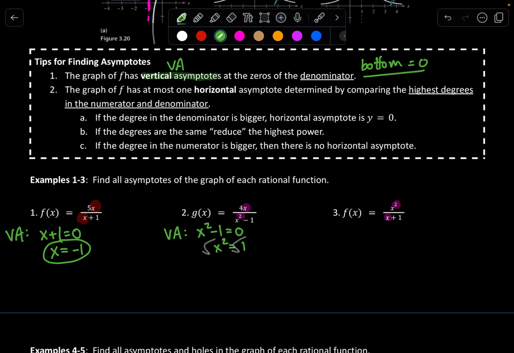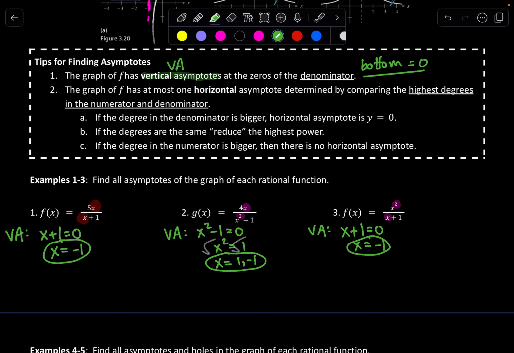Just be careful, remember that you get 1 and -1. So there would be 2 vertical asymptotes here. And the last one, if you guys want to try this one, go ahead and pause it. What you would do is set the bottom equal to 0 and solve it. So all of those would have vertical asymptotes at those locations.